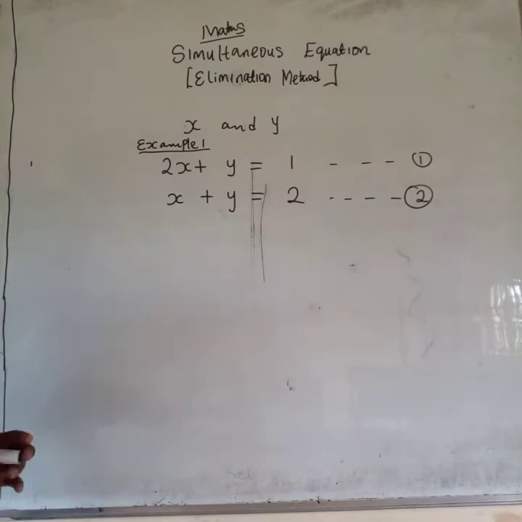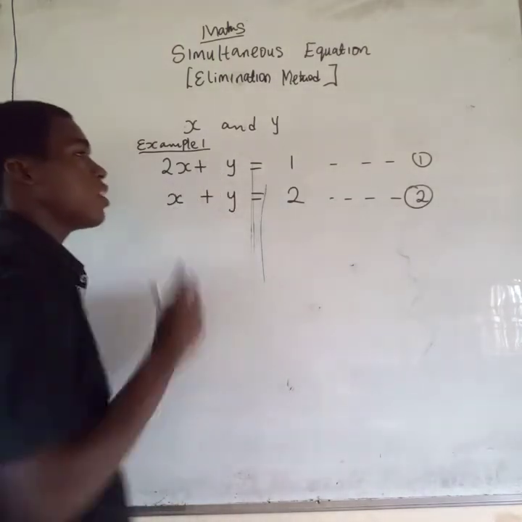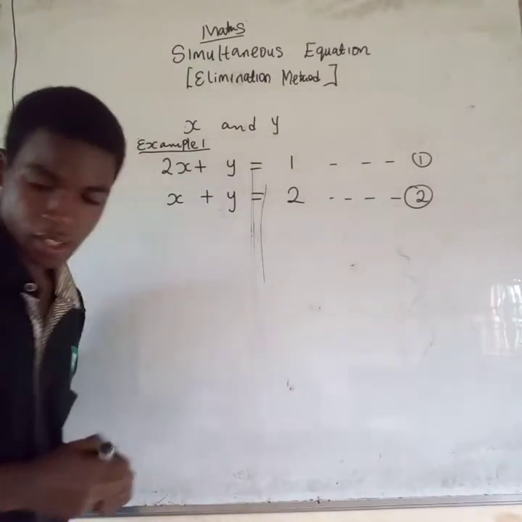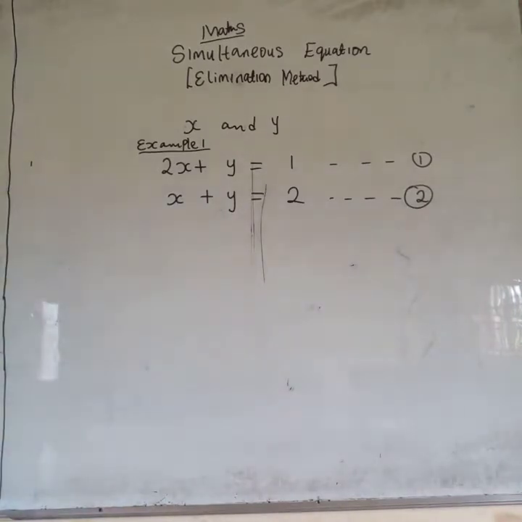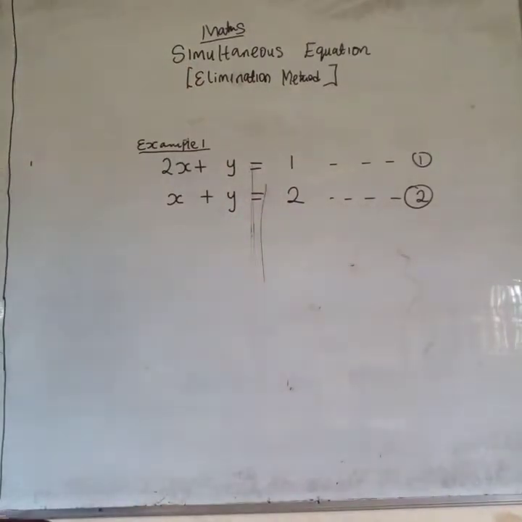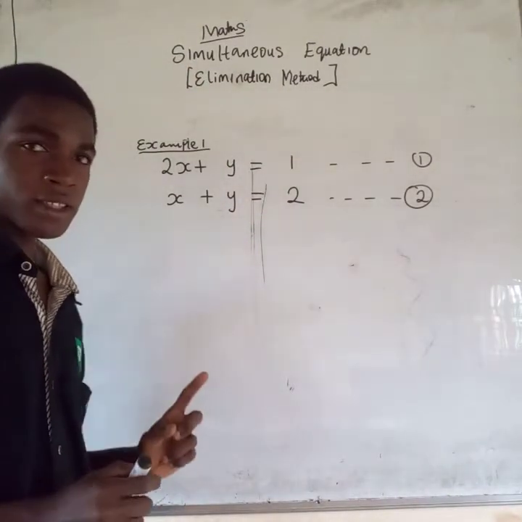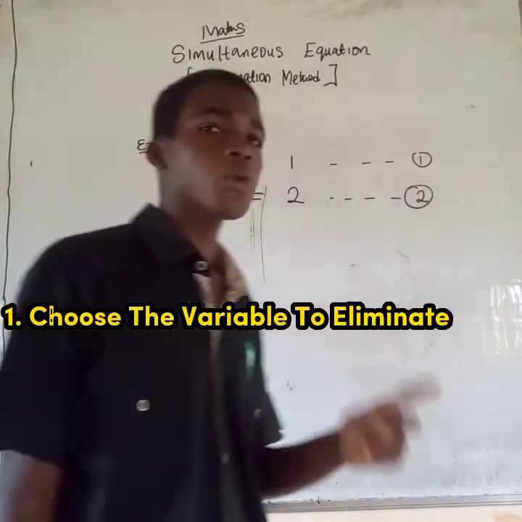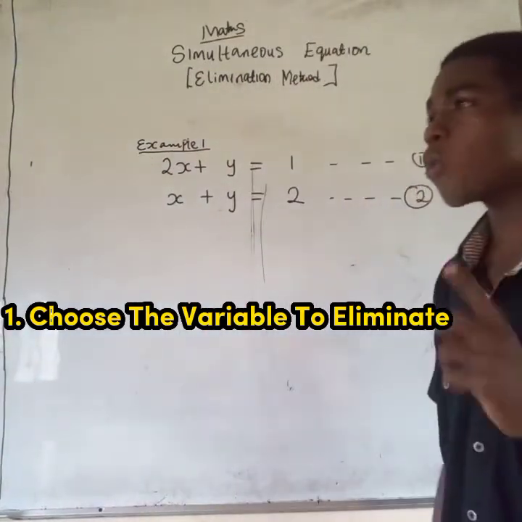Now if I want to solve this using elimination method, what will I do? Let me clean this back so that it doesn't look confusing. The first step is to choose which variable you want to eliminate.